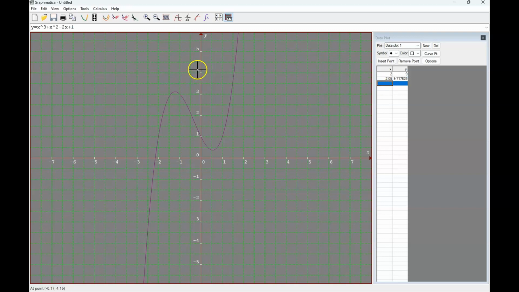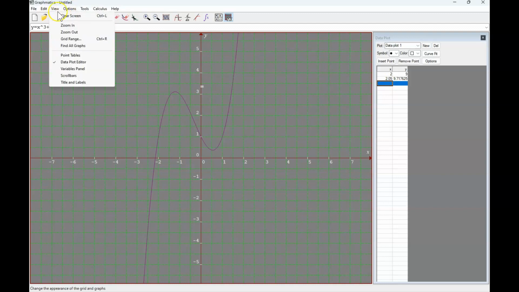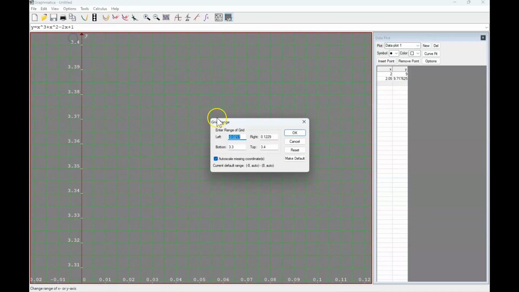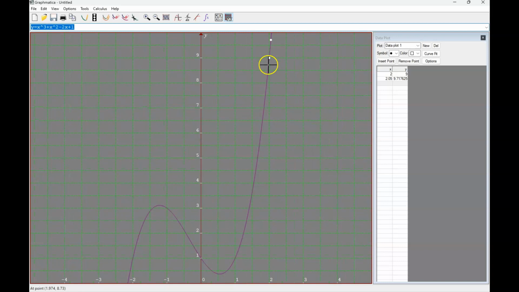Grid range is what I wanted, so -5 to 5 here, and then we'll go 0 to 10 or something. Okay. So those are the two points that we're interested in.